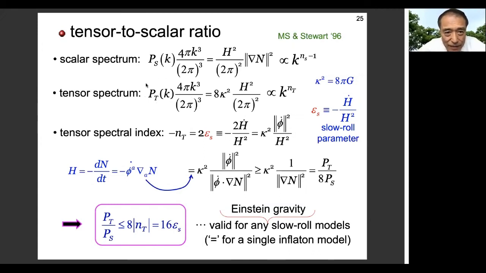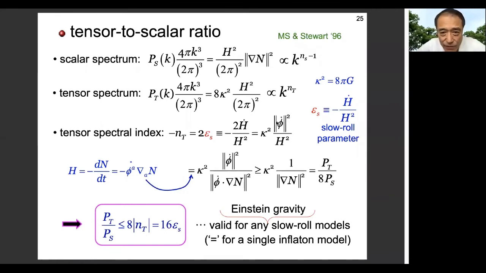On the other hand, the tensor spectrum is essentially the same, but with 8 pi G, or 1 over M Planck squared, and with a certain normalization factor times H squared over 2 pi squared.